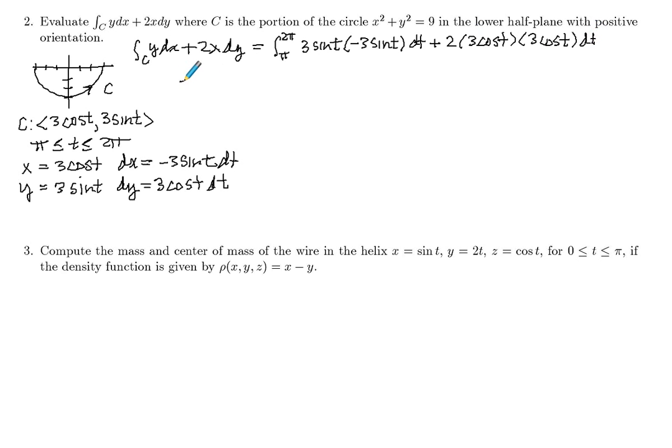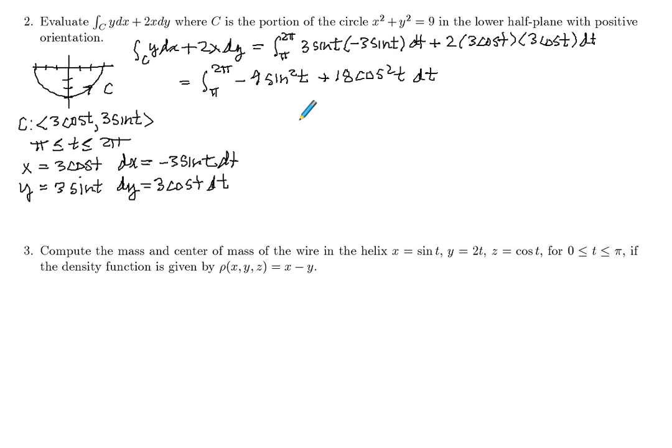So if we do a little bit of simplifying, then this is the integral from pi to 2 pi. Here we've got a negative 9 sine squared of t. And here we've got 3 times 3 is 9 times 2, 18, plus 18 cosine squared t dt.